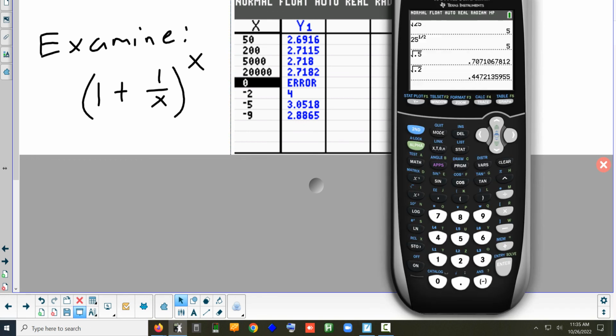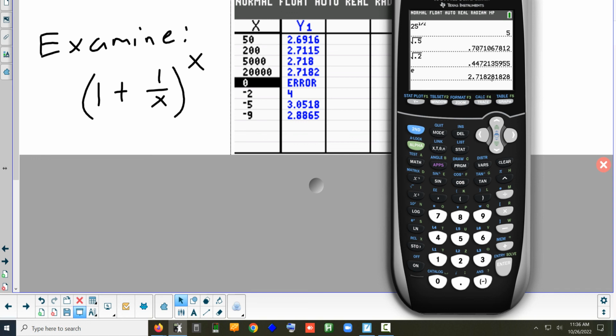Well, the asymptote that's at 2.718 is not just a random number. In math, there's a number called e. It's used when we do logarithms. And this particular graph happens to have an asymptote at a special number we talk about when we do logarithms. That's all I wanted you to see there.